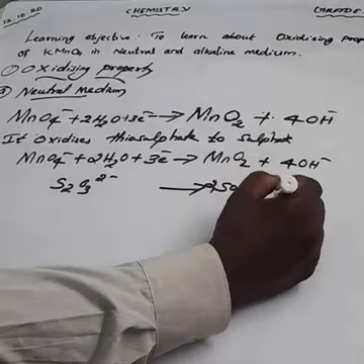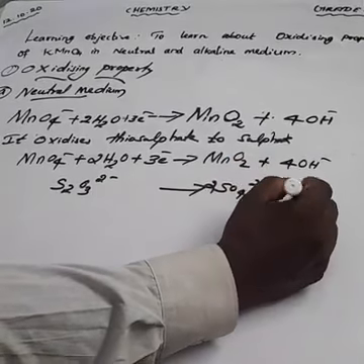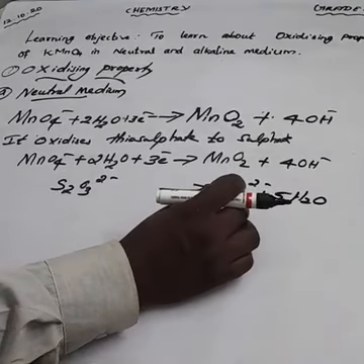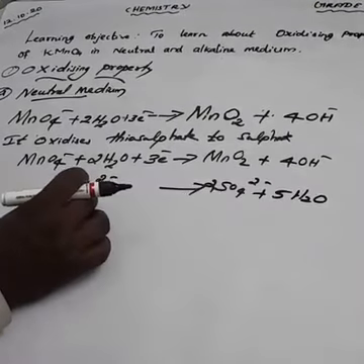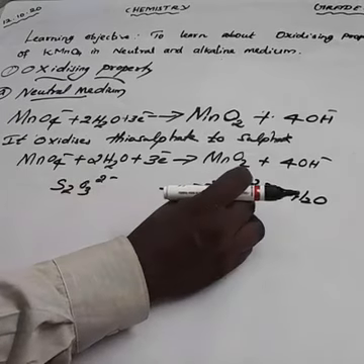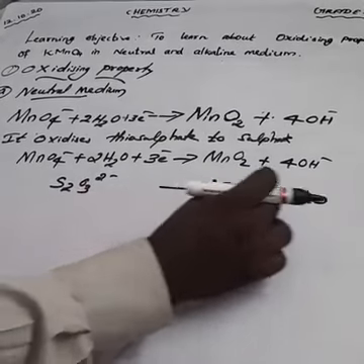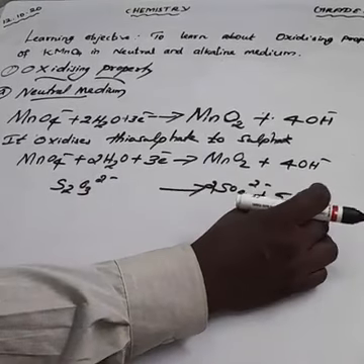So you should add 5 moles of water, because here having oxygen is in excess. Here having 3 oxygen, here having 8 oxygen. Out of 8, 3 is balanced. The remaining 5 oxygen come from water.